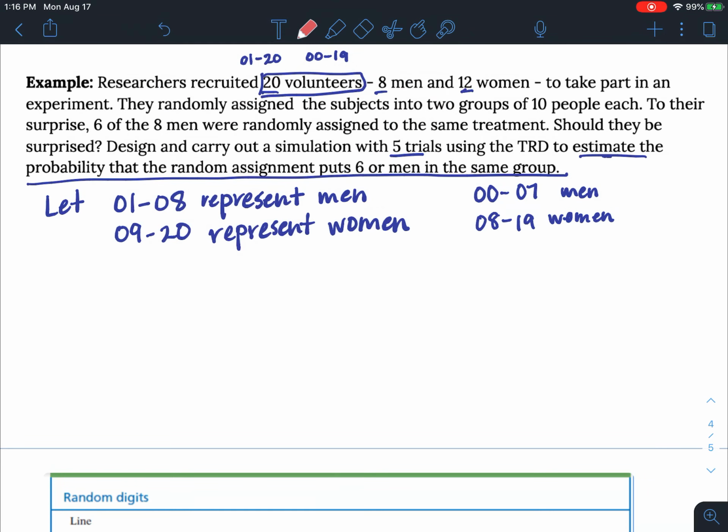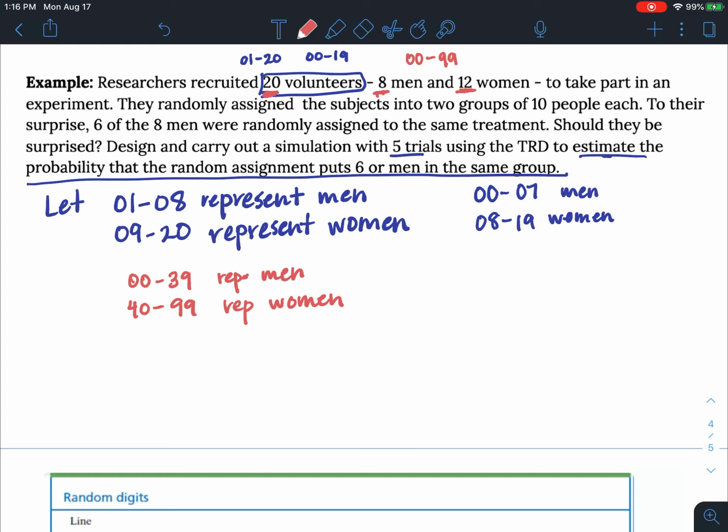I noticed that 8 out of 20 is 40%, and that 12 out of 20 is 60%. So I can actually set up more of a proportion. I could use digits 00 through 99 and let 00 through 39 represent men, and 40 through 99 represent women.